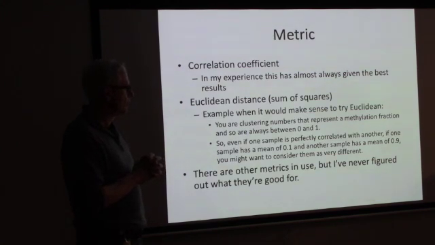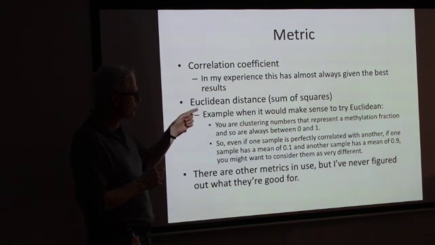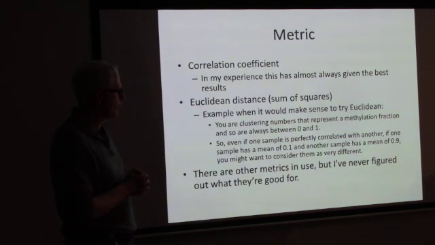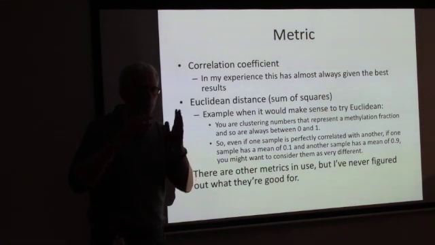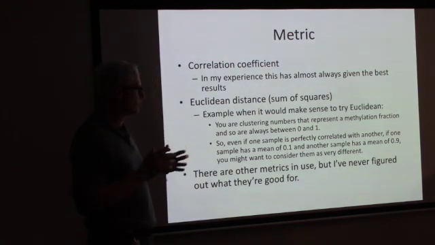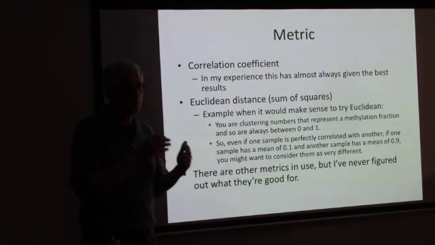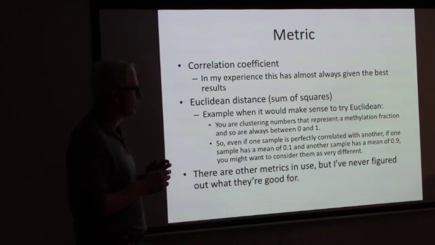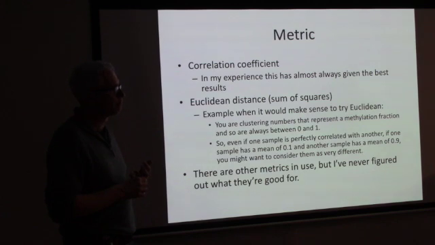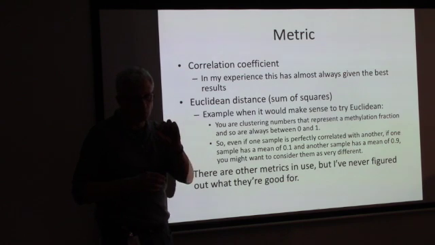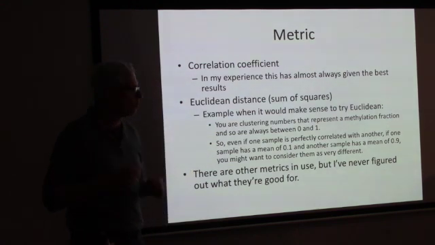And one example of when this actually makes sense is, for example, instead of having, let's say, RNA expression in your matrix, if your matrix is something that's naturally between 0 and 1, like methylation fraction, where each row would be a little region of the genome, and then your question is, it could be completely unmethylated, that's a 0, all the way up to totally methylated, that would be a 1.